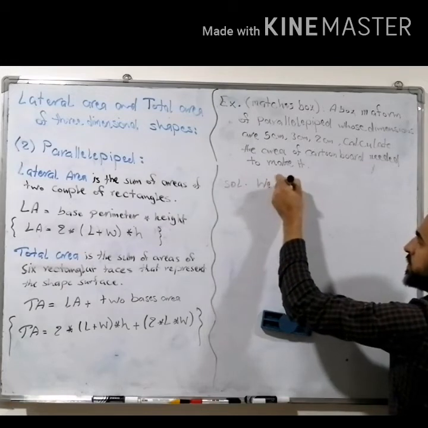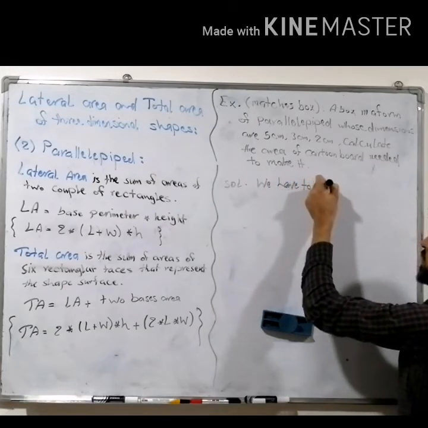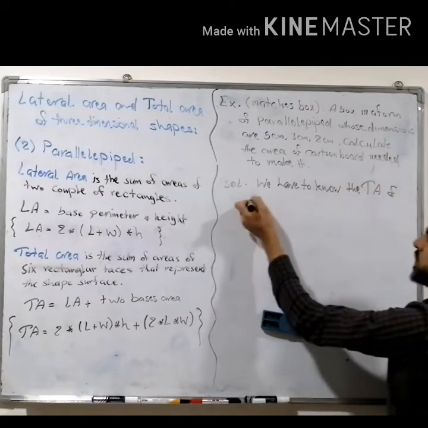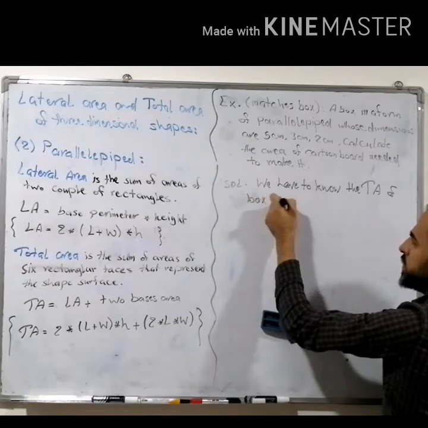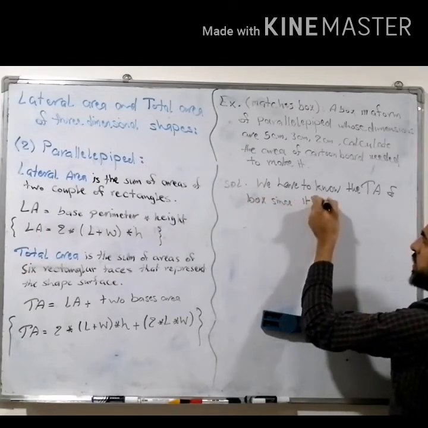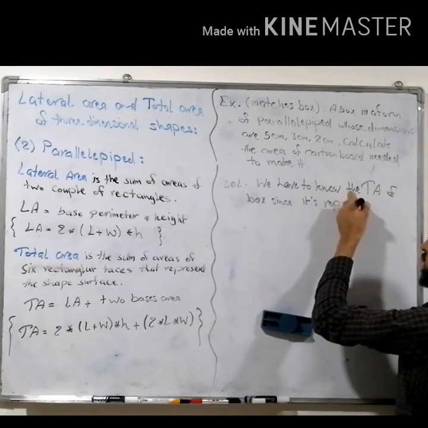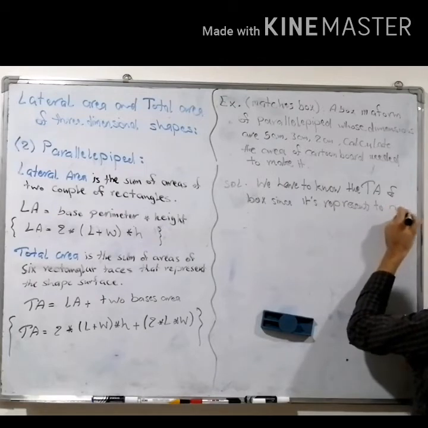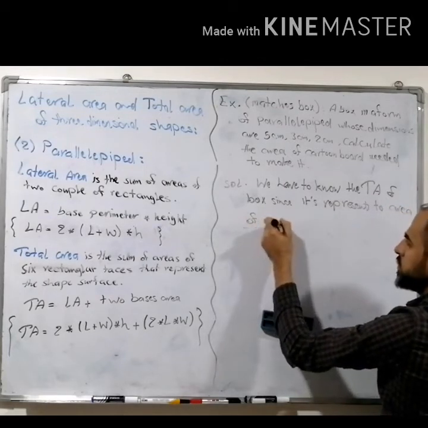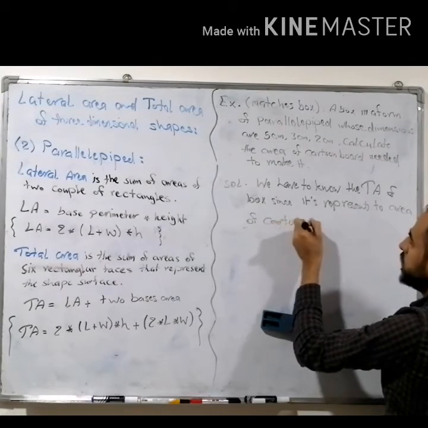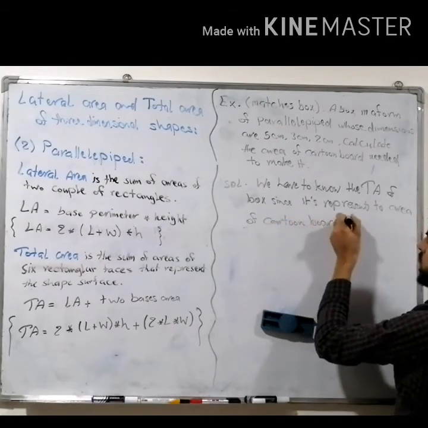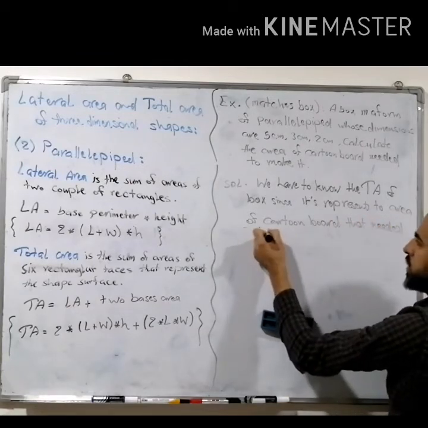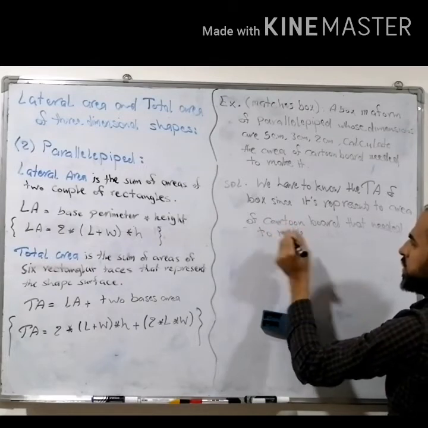we have to know the total area of the box, since it represents the area of carton board that is needed to make the box.